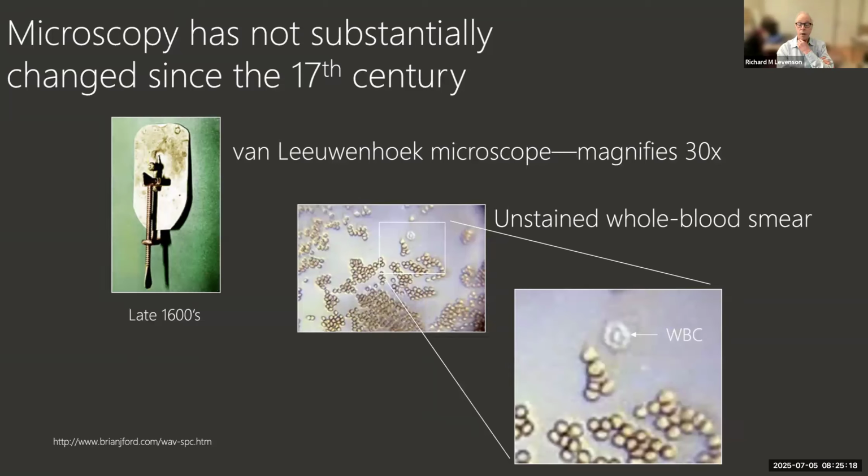And what you can see in the middle and bottom right is that microscope on the top left still has sufficient resolution to actually see down to the level of single red blood cells, and there's a white blood cell. And the only thing it's missing is that he did not use, and for hundreds of years, people did not use special stains, like I'll describe, to actually bring out more contrast and make it clearer. But if that's the only microscope we had, and if you added the stains of hematoxylin and eosin, we could probably do most of what we do as pathologists with that very, very old device.